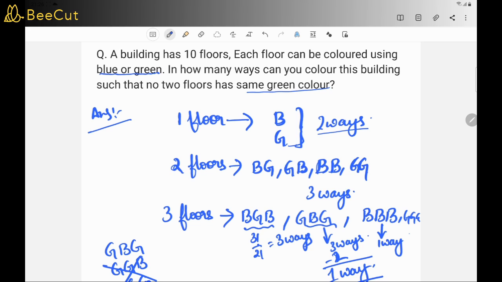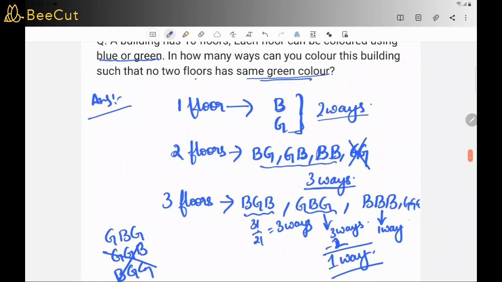However, the condition in the question is that no 2 floors have the same green color. So we cannot take this case. So there will be 3 ways in which we can color the building had it had 2 floors.